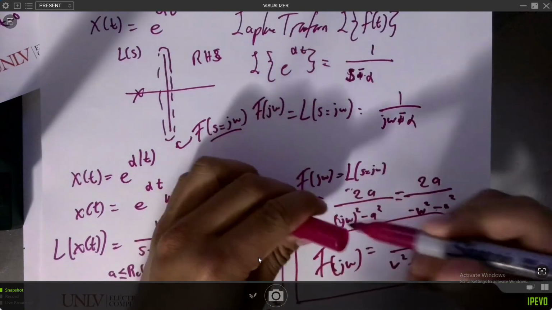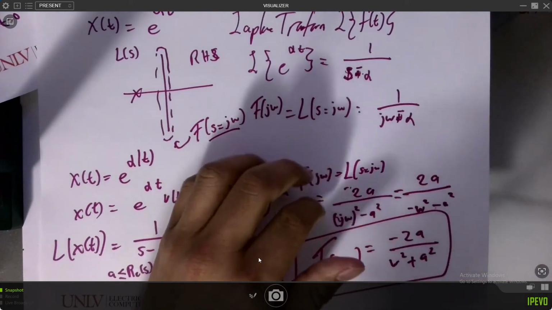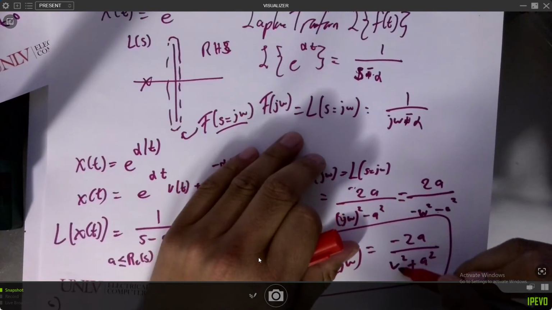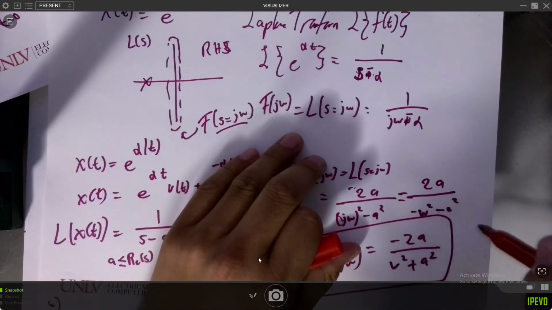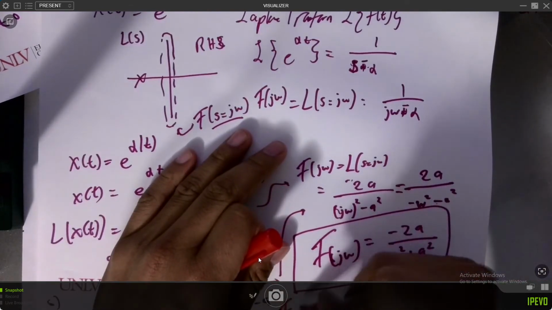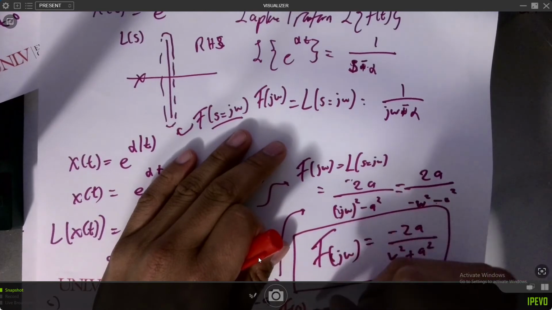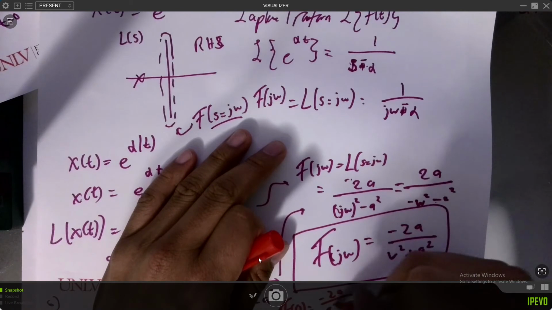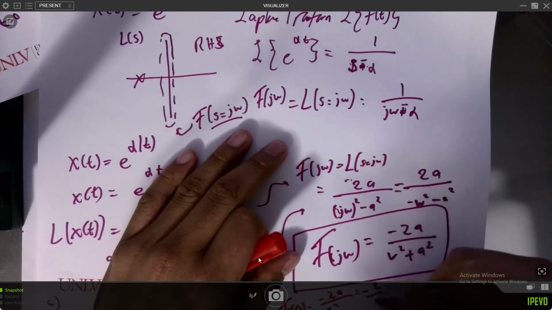And there you go. And then if they ask you to draw this, well, we know when omega is equal to 0, F of 0 is going to basically equal minus 2 alpha divided by 0 plus alpha squared, which is equal to minus 2 over alpha.